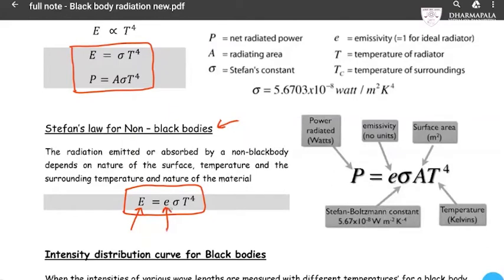For black bodies, e is 1, therefore you don't put 1 there. But for non-black bodies, it is less than 1, so that value should be included. So E is equal to emissivity times Stefan's constant sigma times T to the power 4, where T is the absolute temperature.